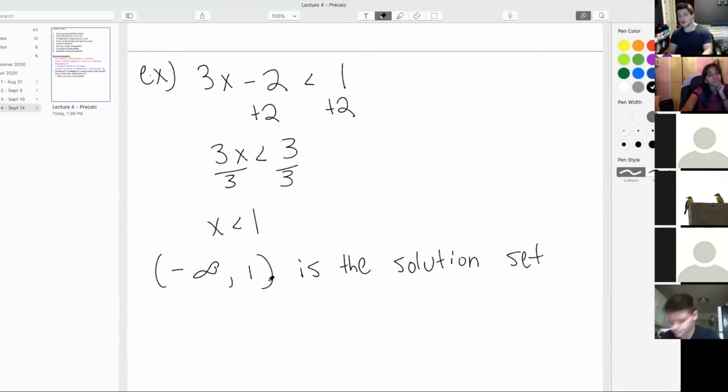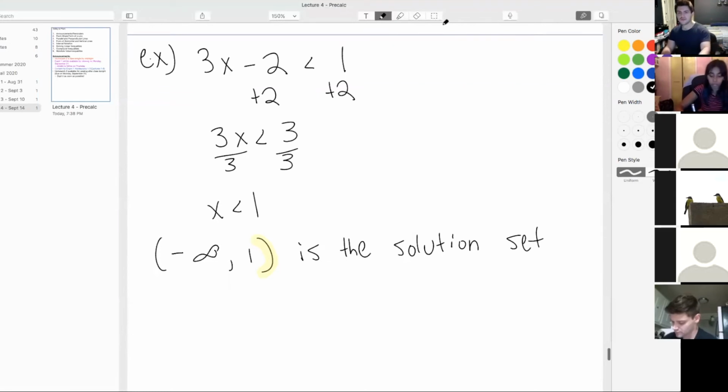It's negative infinity because I'm talking about all numbers less than 1. And the fact that I have a parenthesis here is precisely because it's less than 1 and not less than or equal to 1. So I'm not including the number 1 in my solution set.